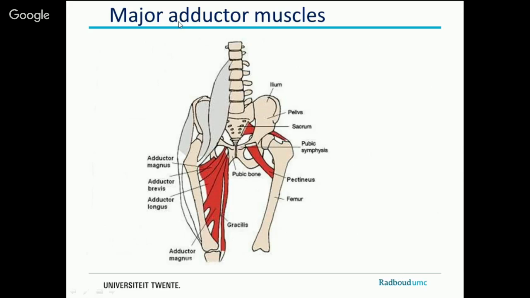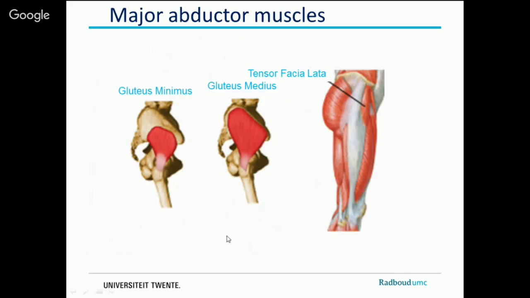The adductors, they make sure that the leg goes to the medial side, because that's called adduction. Those are the muscles adductor magnus, adductor brevis, and adductor longus. Okay. Abductor muscles are very important for walking. These are the muscles on the side of your body.